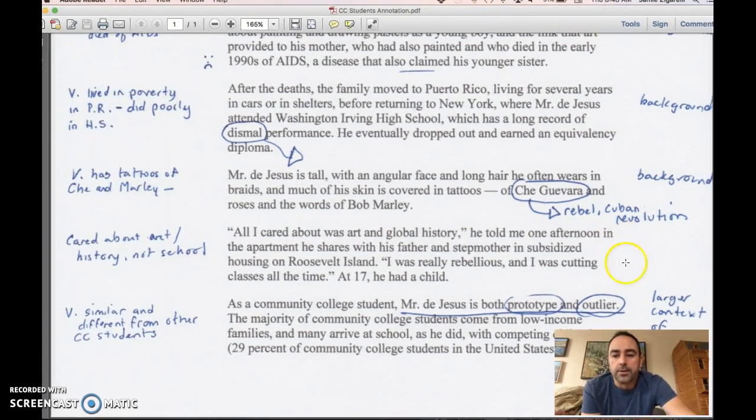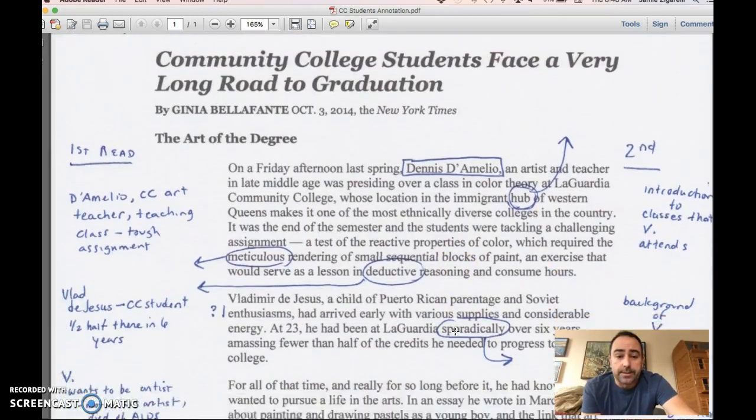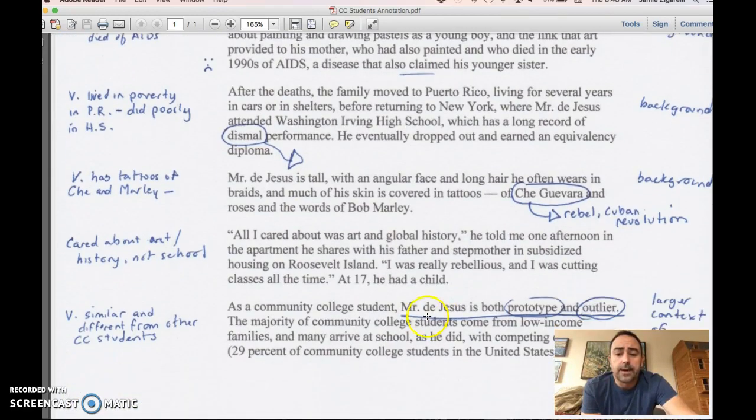That was my descriptive outline note here, because it's placing Vladimir in the context of other community college students. Notice I didn't outline and I barely underlined anything. The only idea I underlined was this one here, that he's both prototype and outlier, because that seemed to me to be an important idea that's going to get developed later in the piece.